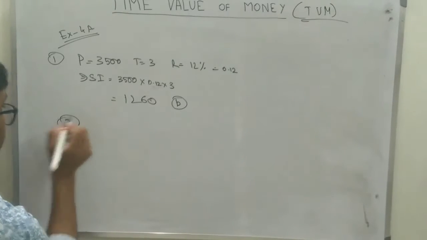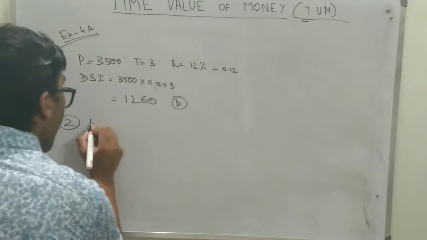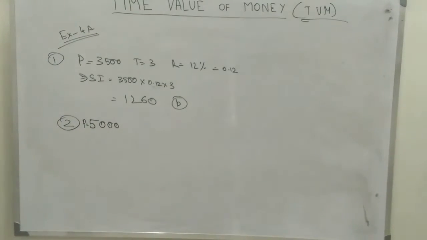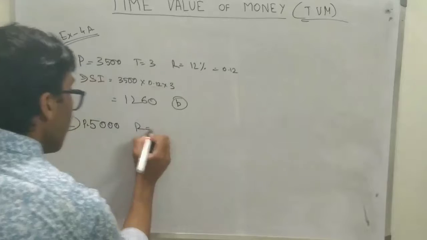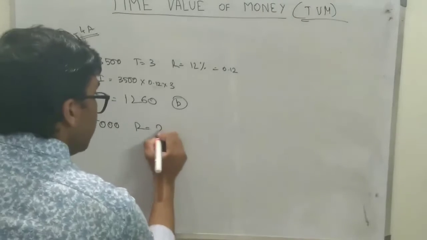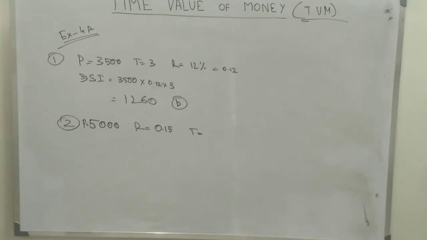Now the second sum. P is said as 5000. R is 15, that means 0.15, and T is given as 4 1 by 2, that means 4.5.